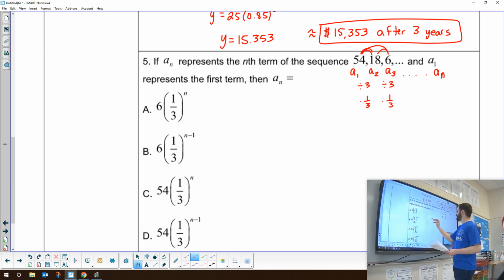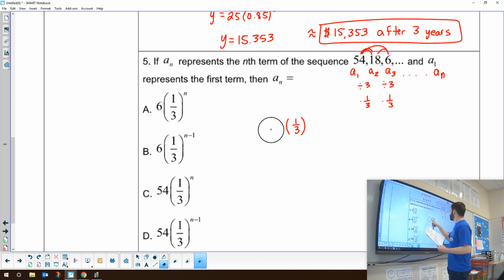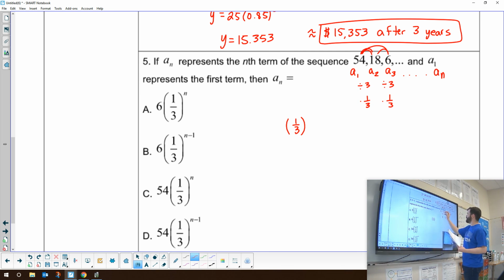Now, let's think about what our equation is. We have our a times my rate, right? And my rate is going to be 1/3. We already decided what that is. And then my a is going to be my starting point, which is 54.